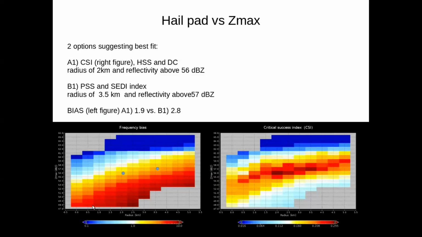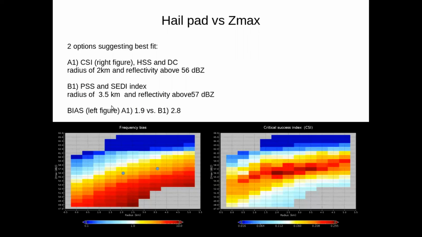One is based on the critical success index and Heidke skill score, which are showing the same values, and this is a radius of 2 kilometers and a reflectivity above 56 dBz, which can be seen in this figure to the right, where on the x-axis we have a radius in every half a kilometer, and dBz starting from 47 going to 66. So in this example, the critical success index has a maximum value at 2 kilometers and 56 dBz.